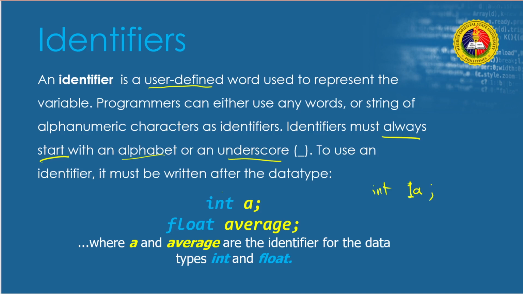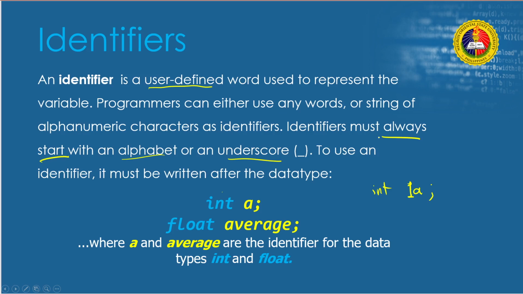No, sir. Okay. Again, always remember whenever we write an identifier, it should always start with an alphabet or underscore. But since we started with a number, therefore this is invalid. Okay. How do we fix it?